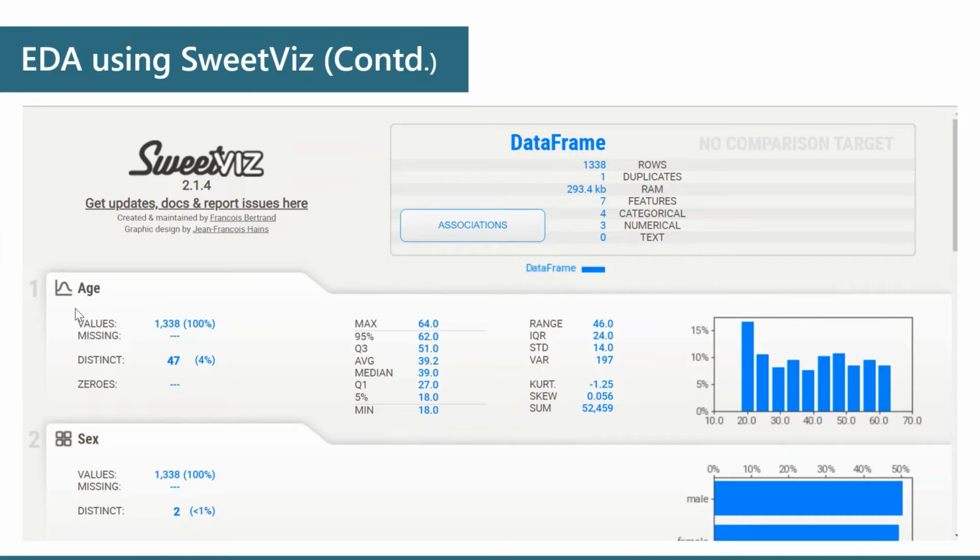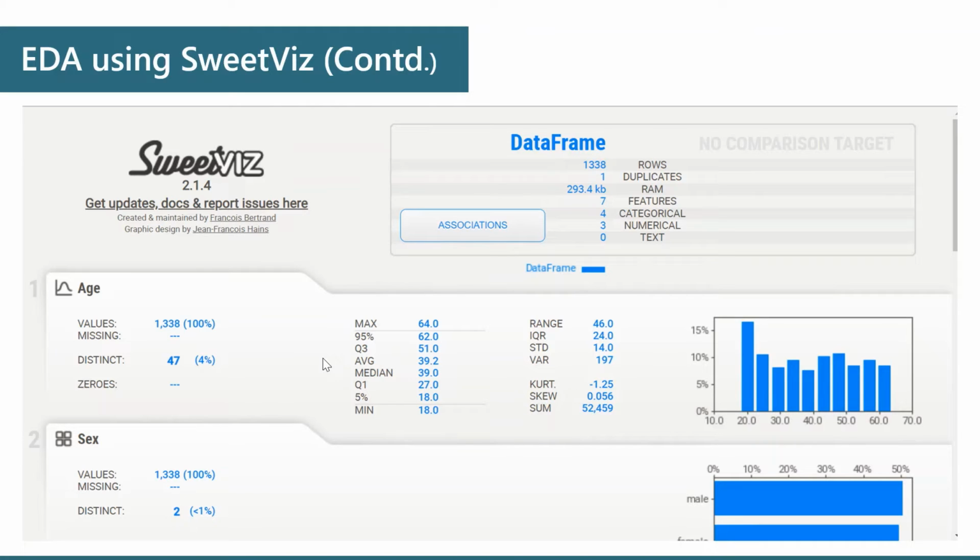Here we have the age column or the age attribute, which has a total of 1338 values, no missing values, and 47 distinct values. And it also provides much more information.